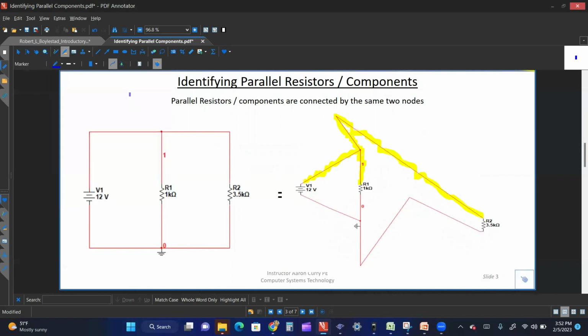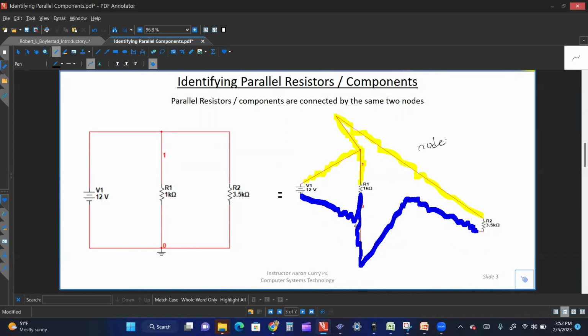And switch to blue, come over here and highlight all this. So again, this is your node 1. This is your node 2.